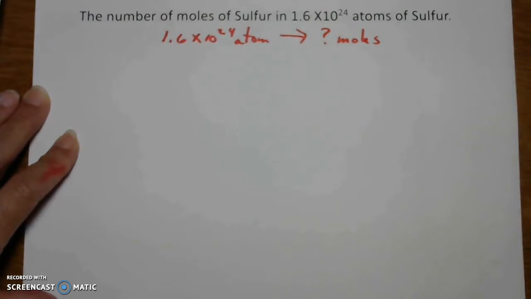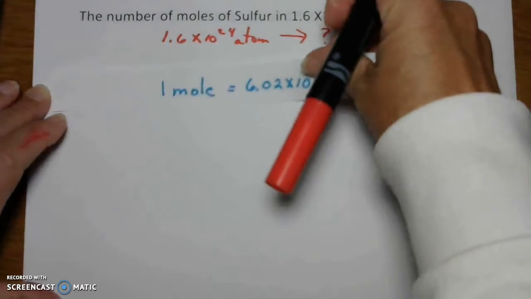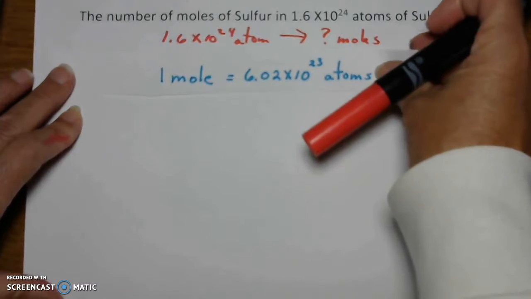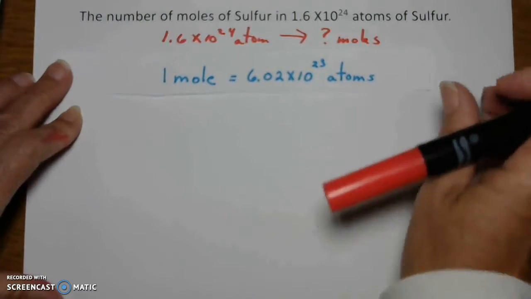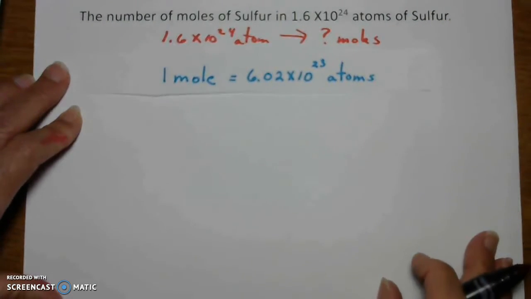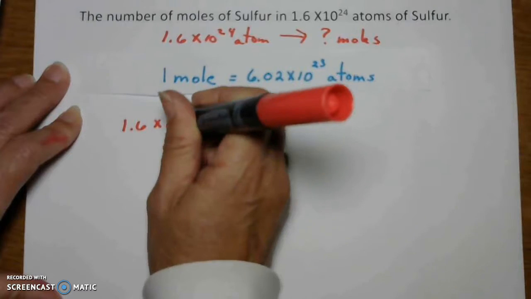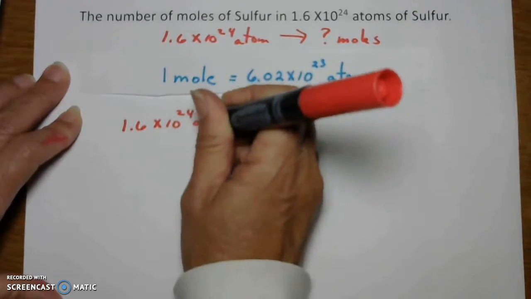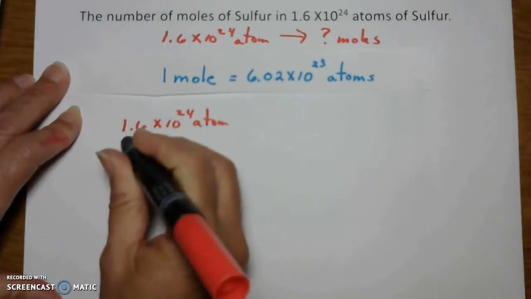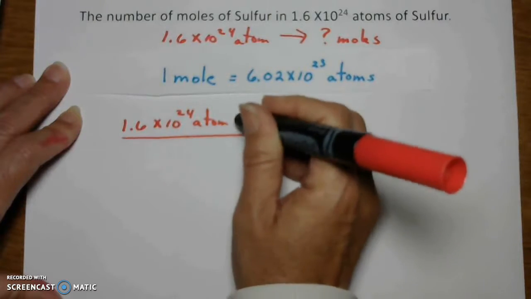We'll use our same equality. 1 mole is equal to 6.02 times 10 to the 23rd. We'll start with the number in the problem. We'll write 1.6 times 10 to the 24th atoms, and we'll put that on a line.